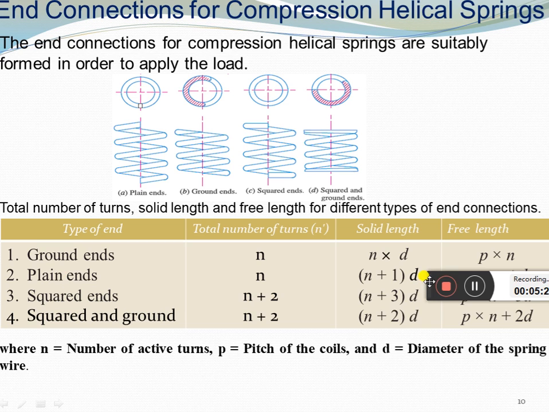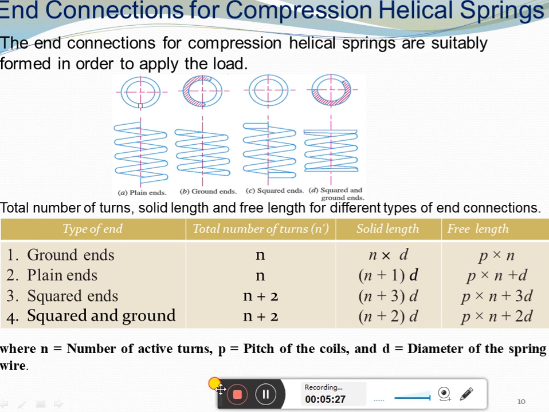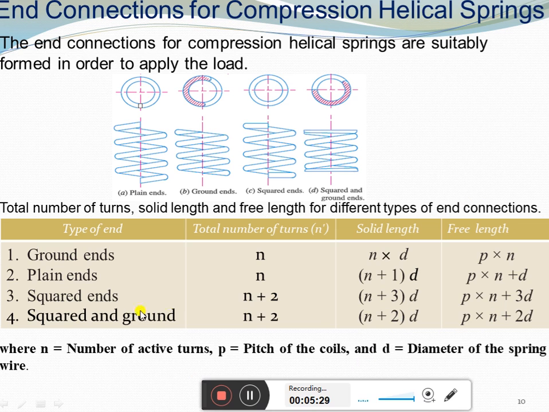This data is available in the PSG data book: ground end, total number of turns, solid length, free length. For plain end and square end, equations are given. During problem solving, this table is very much used to find the solid length and free length of the different ends of the spring.